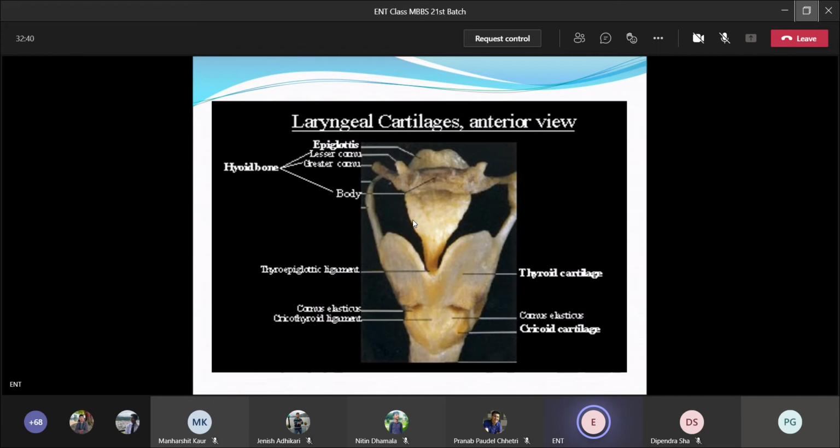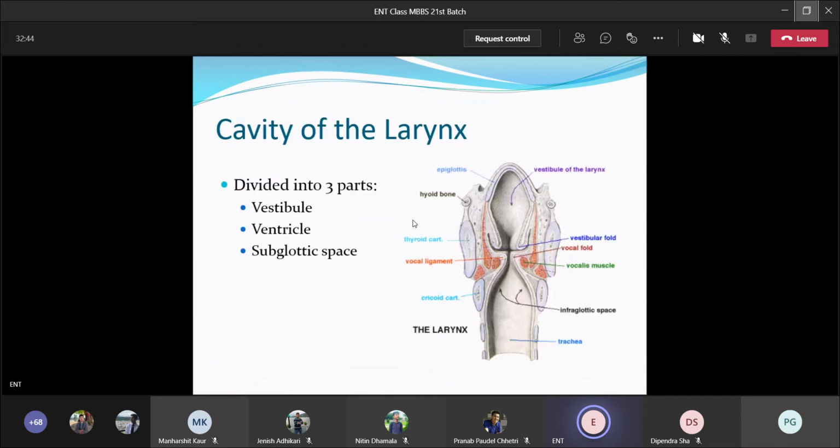So the next slide is the cavity of the larynx. It is divided into three parts: vestibule, ventricle, and subglottic space. Look at the diagram.